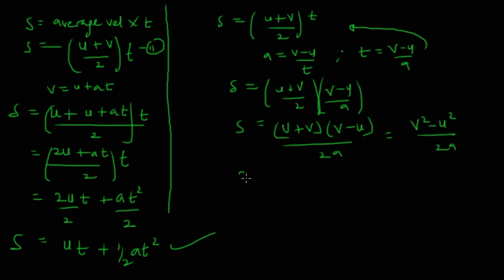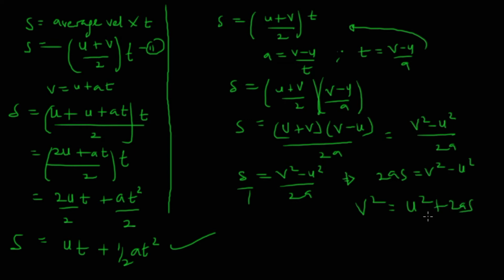So if you cross multiply, it will yield 2as equals v squared minus u squared, so that v squared is equal to u squared plus 2as.